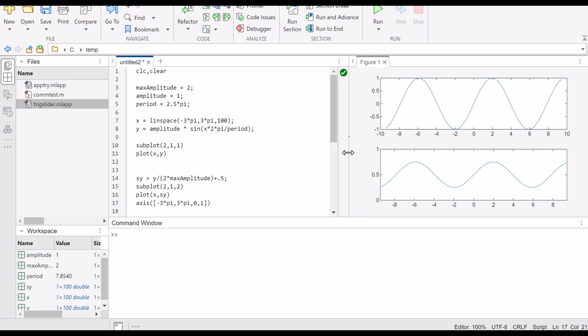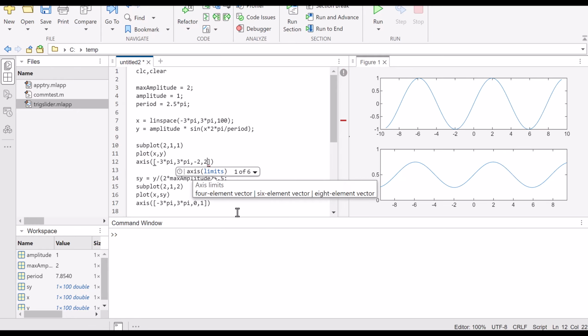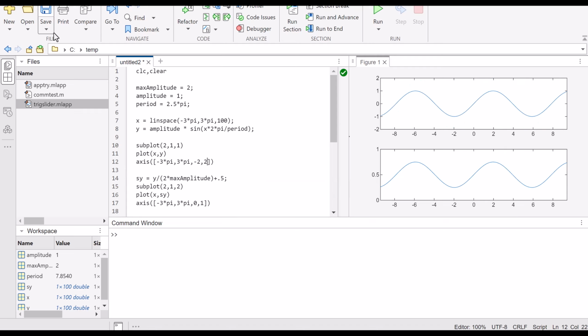Okay, so now my servo is going to go, and I can do this one here too. I can set this one from -2 to 2. Okay. So this is only giving me half the amplitude, and now it's only going half as high, so it's starting at the center.